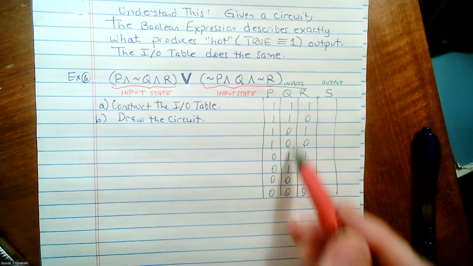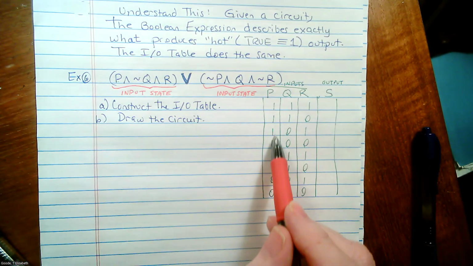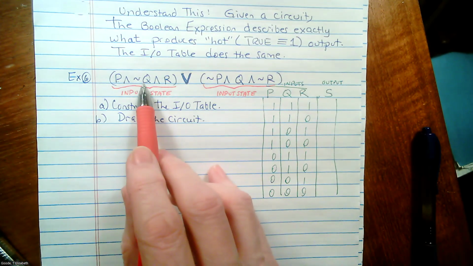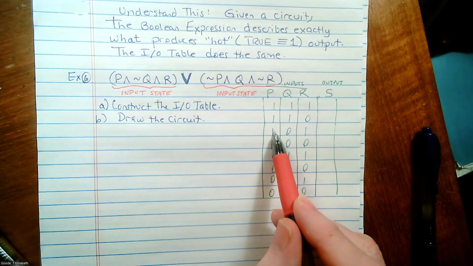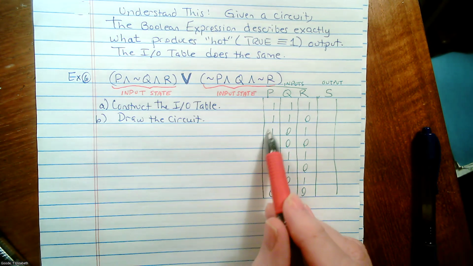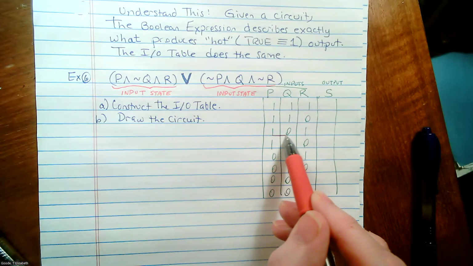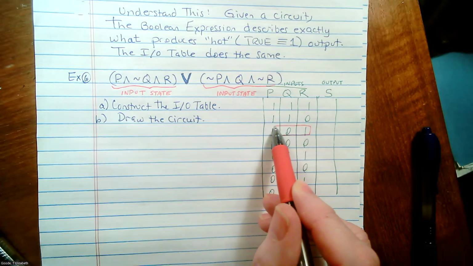So we can read it right off the table. Look, P is hot, so P is going to be a 1. So it's one of these 4 rows. Q has got to be cold. So now P has to be hot, Q has to be cold. It's either this row or this row. R has to be hot. Oh, so you see how it's this row right here?